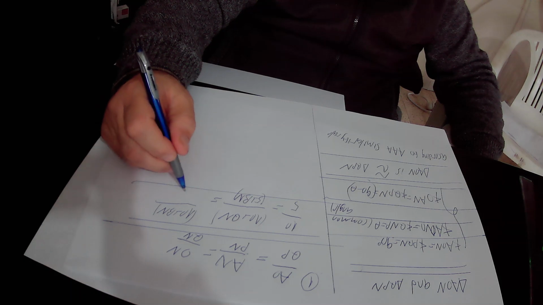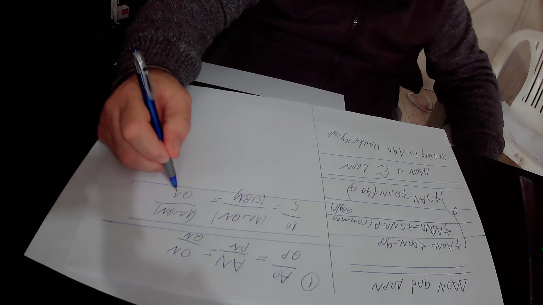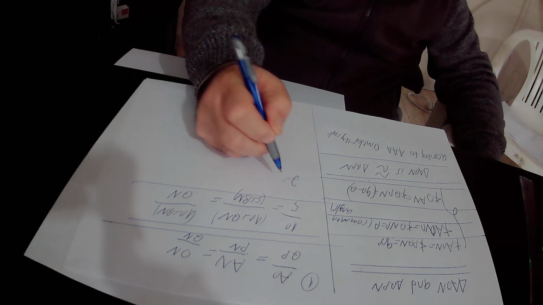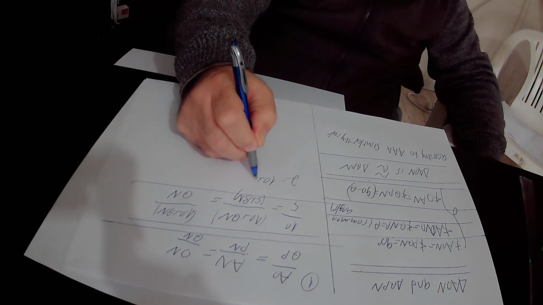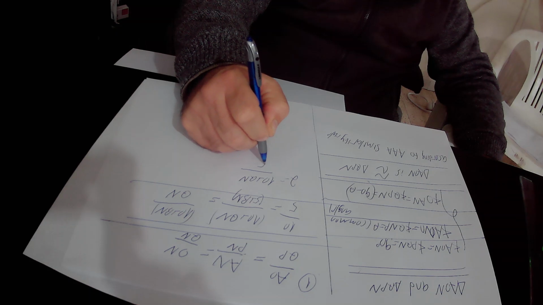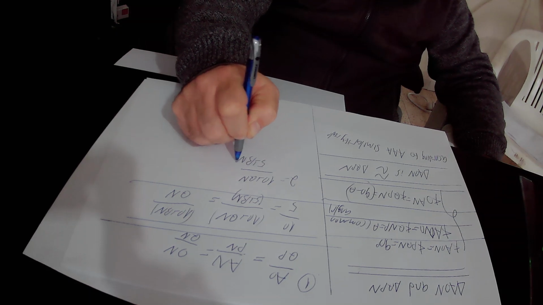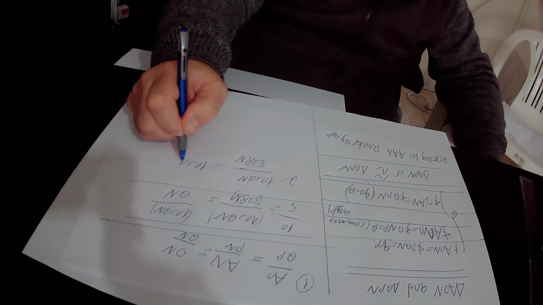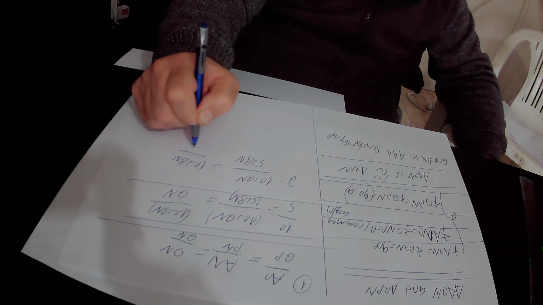QN is the missing side, so we leave it as it is. So 10 over 5 is 2. 2 equals 10 plus QN over 5 plus BN, and it equals 10 plus BN over QN.